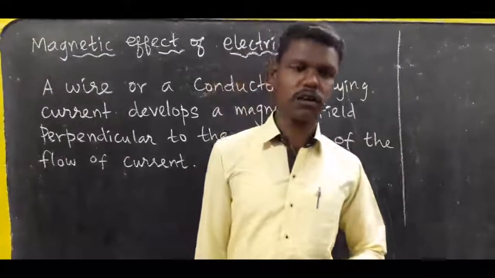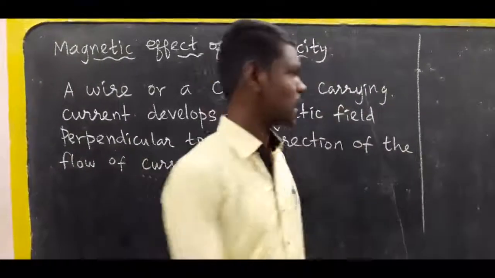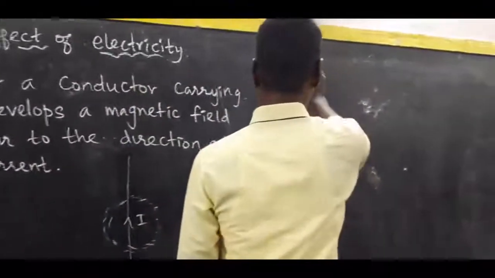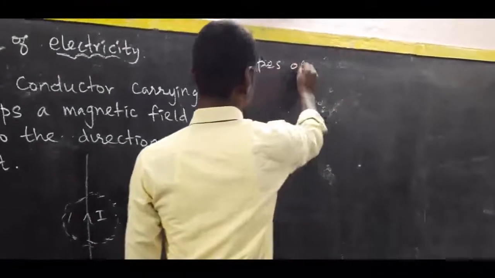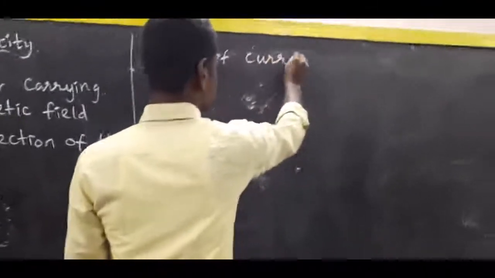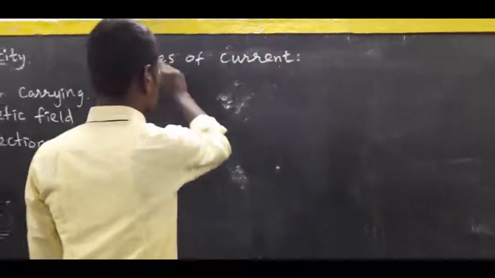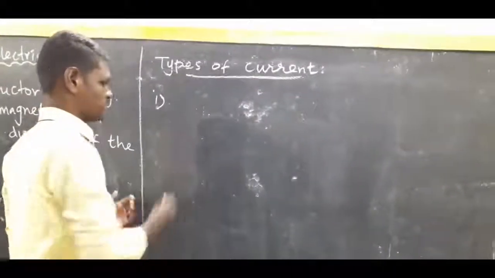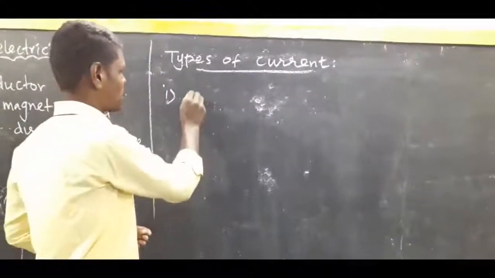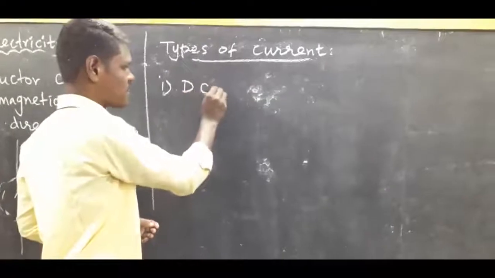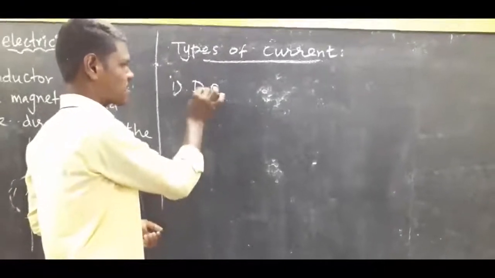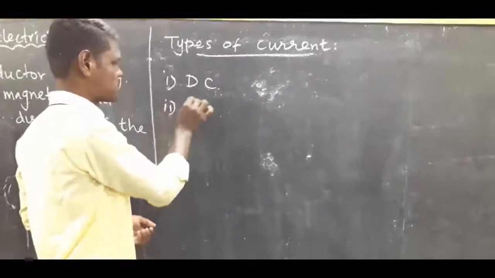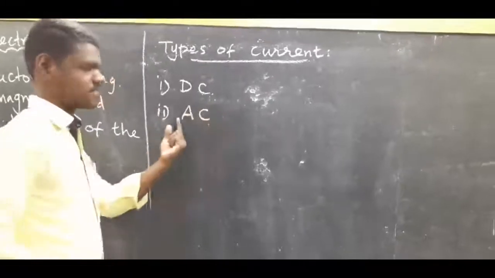Now we are going to study the types of current. Mainly two types of current are used. The first one is DC, direct current, and the second one is alternating current, AC.